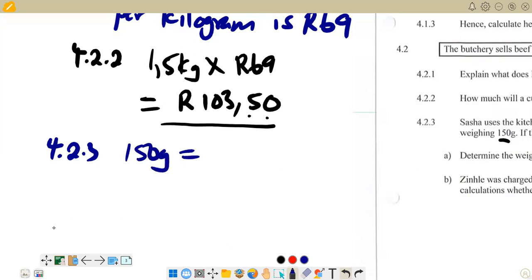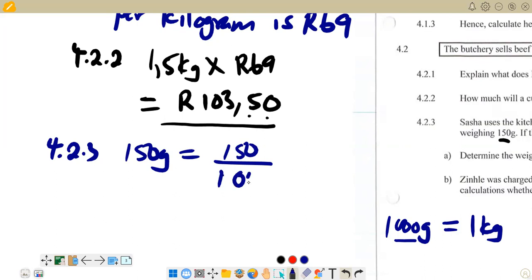How do we convert it? We know that we have got 1,000 grams are equal to 1 kg. So what about 150 grams? So to convert these grams to kgs, we are going to divide by 1,000. So we are going to say 150, and then we divide by 1,000 to convert it to what?